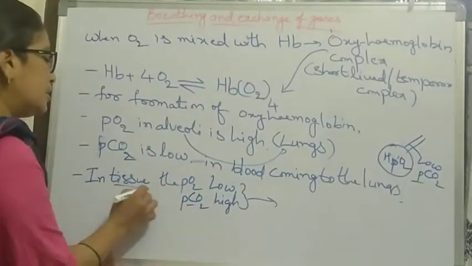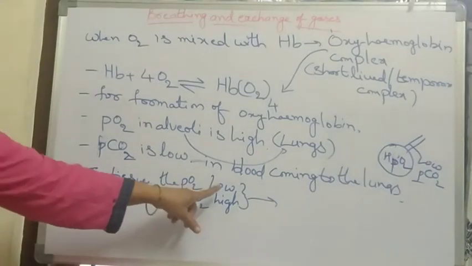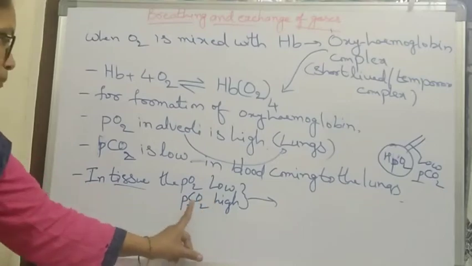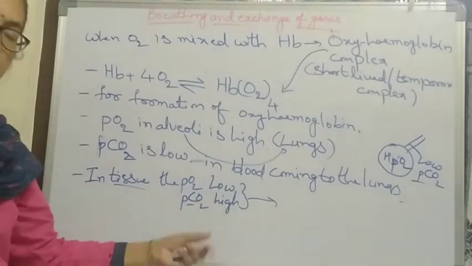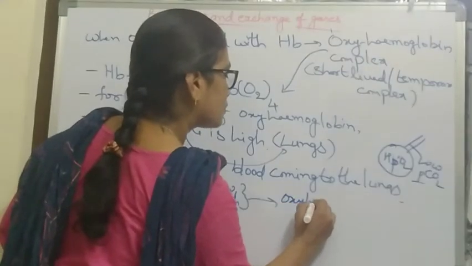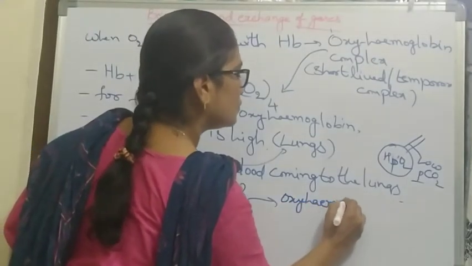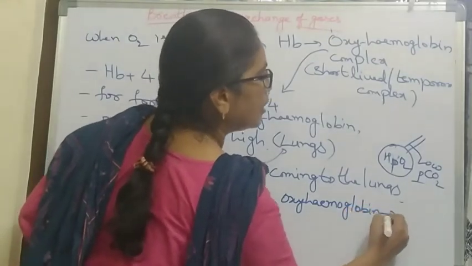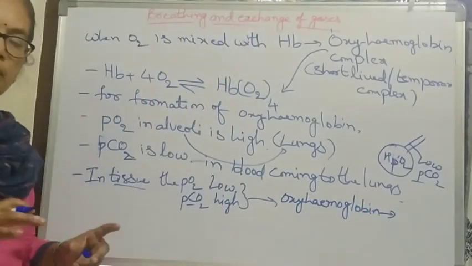Okay, means in tissues when the partial pressure of oxygen is low, and when the carbon dioxide partial pressure is high, then the oxyhemoglobin dissociates, means that will separate.